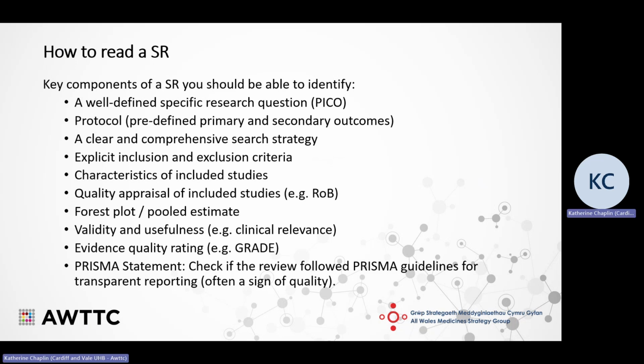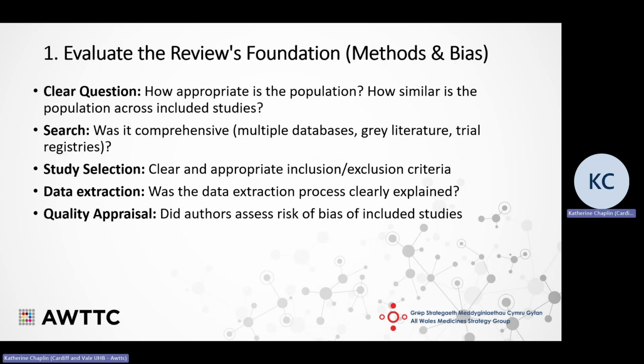Finally, it is worth checking if any recommendations or evidence have been given a quality rating, e.g. grading of recommendations, assessment, development and evaluation, and whether PRISMA guidelines for transparent reporting have been followed. Broadly speaking, these are some of the things you might want to consider when reading a systematic review.